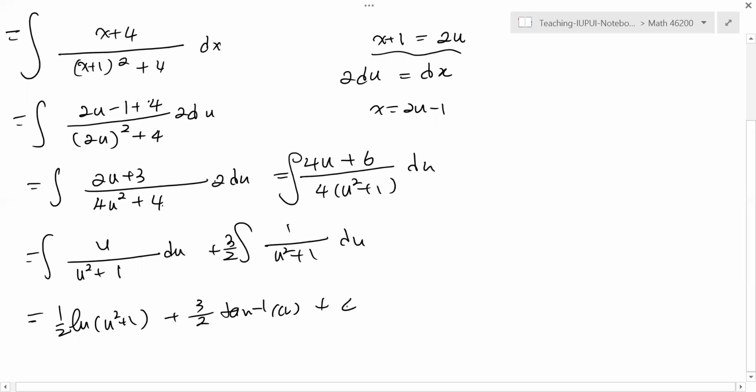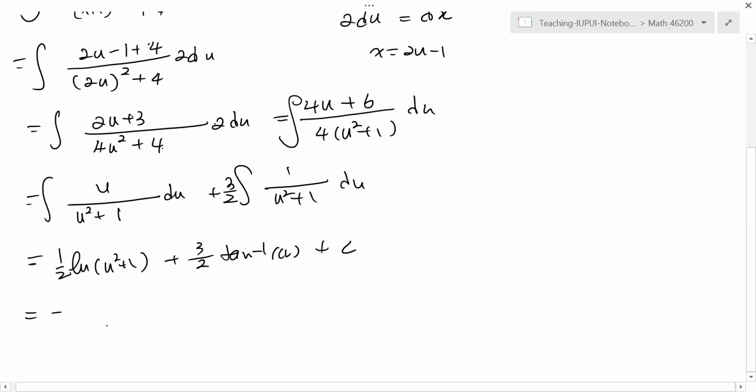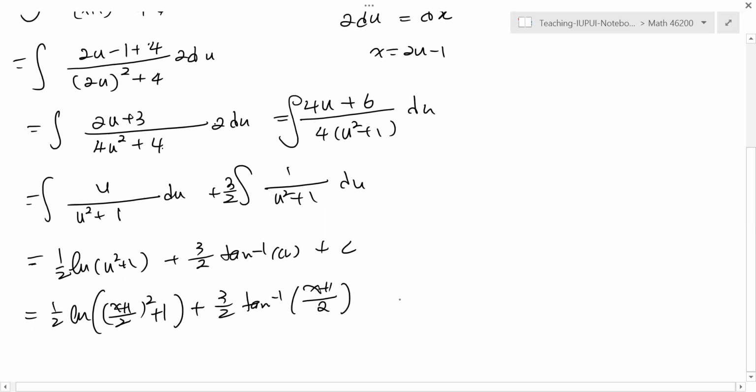Then you replace u by x plus 1 divided by 2, because it's our substitution. So that's it. This will be the answer.